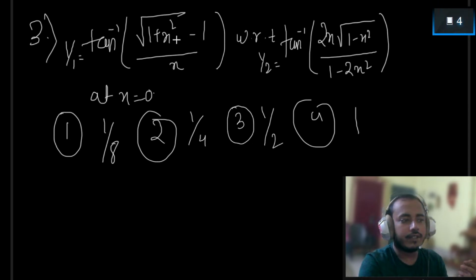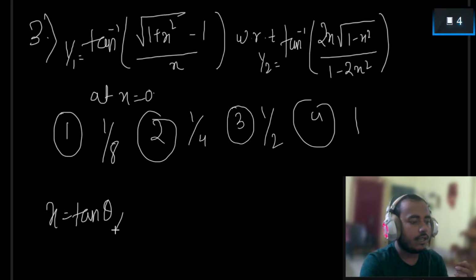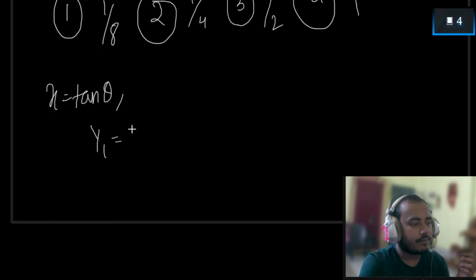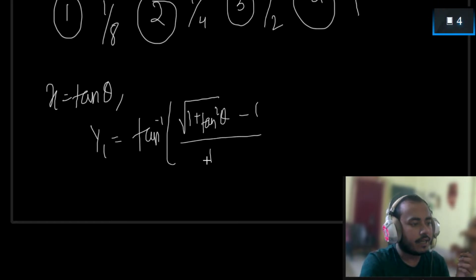But to do that, first of all, we would like to substitute something here. So let's say that x is tan theta for the first problem, for y1. What happens if x is tan theta? Then you can see that y1 becomes simply tan inverse of root over 1 plus tan square theta minus 1 by tan theta.